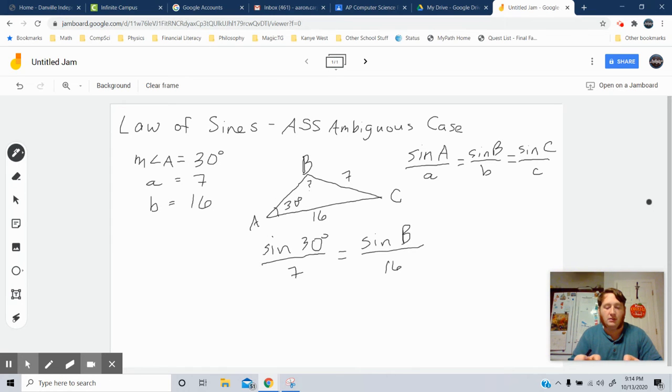Sine of 30, let's make sure I'm in degrees, divided by 7 is about 0.0714. So erase this little stray mark right here.